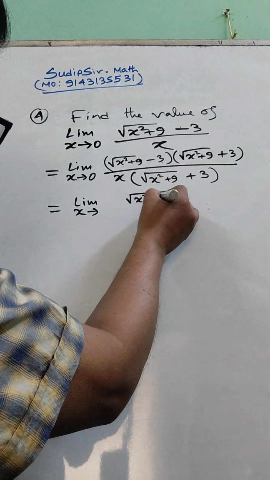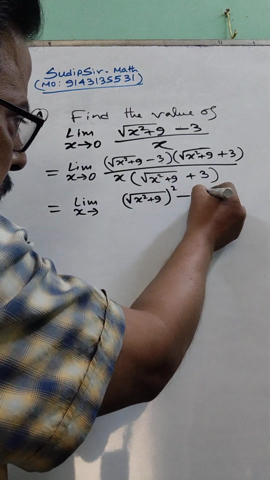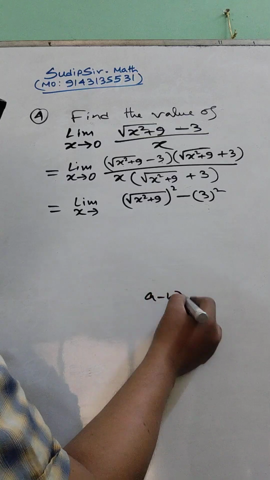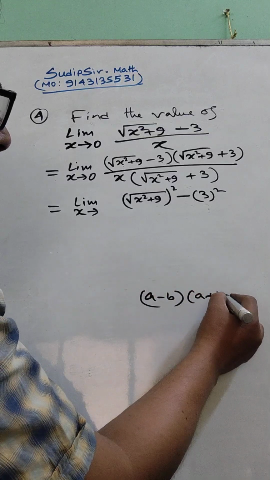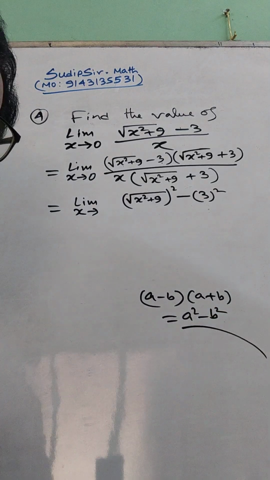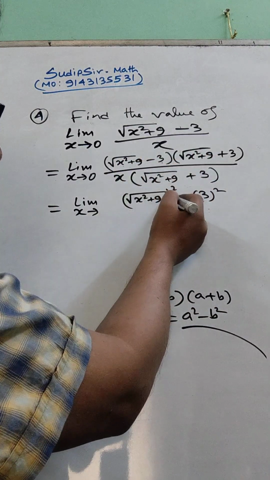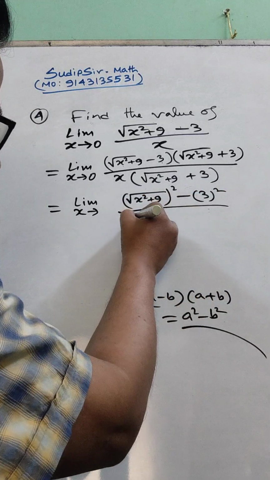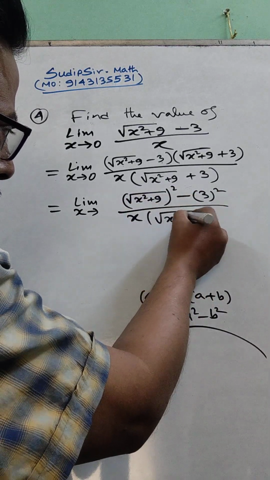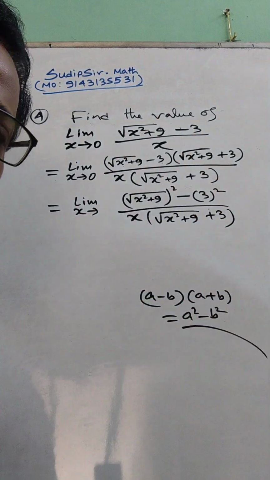So this is a square minus b square, which is the square root of x square plus 9 whole square minus 3 square, and keep the denominator the same, x into root over x square plus 9 plus 3.